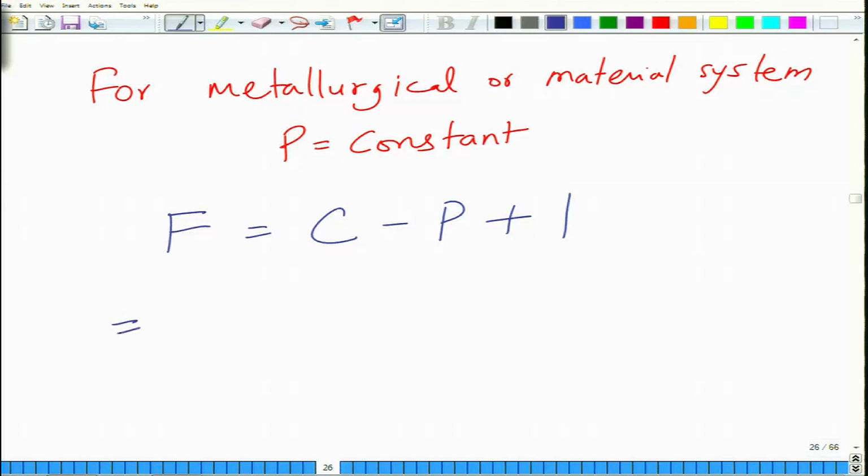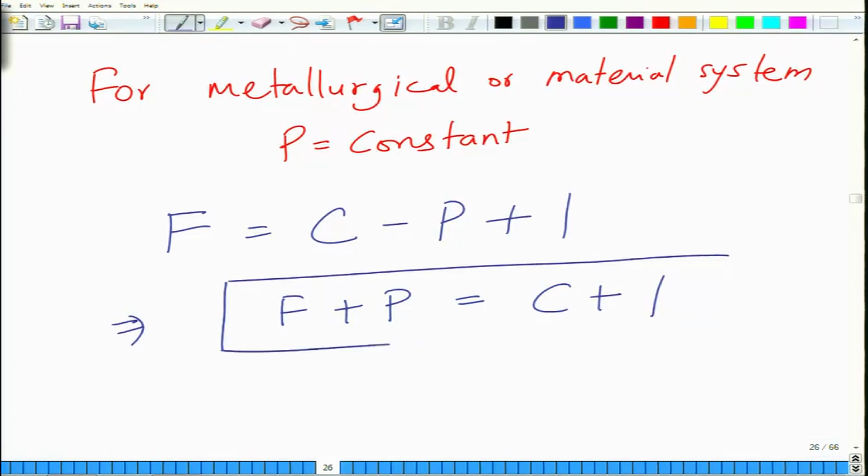You can write this equation in another form: F plus P is equal to C plus 1. So F plus P, you can say, family planning, and C plus 1 is like one child. So it is easy to remember. F plus P is equal to C plus 1 is the Gibbs phase rule.